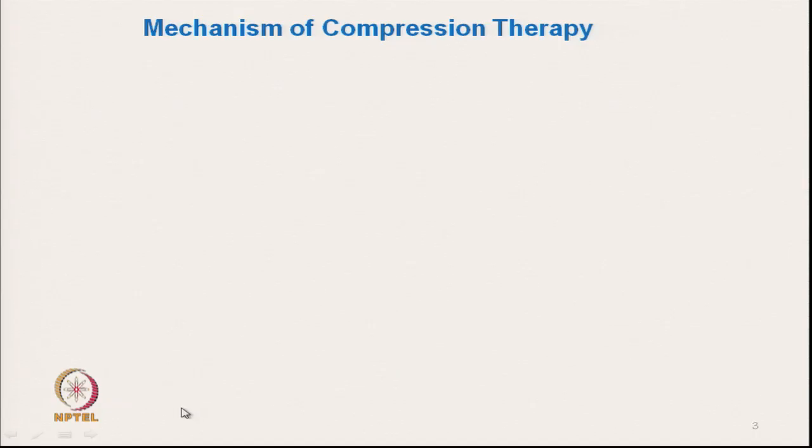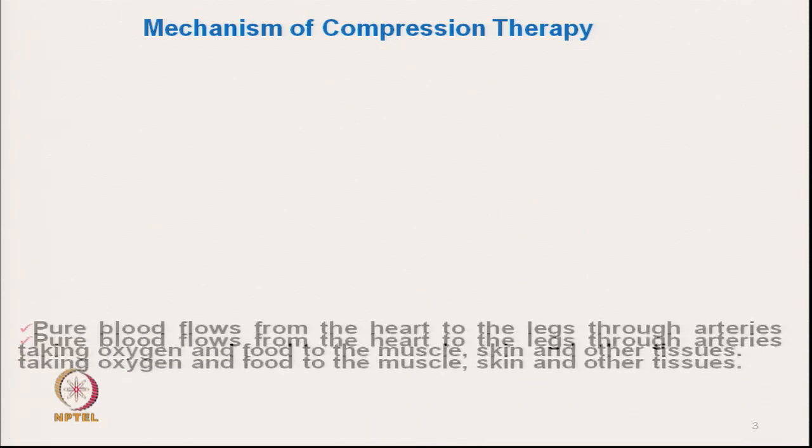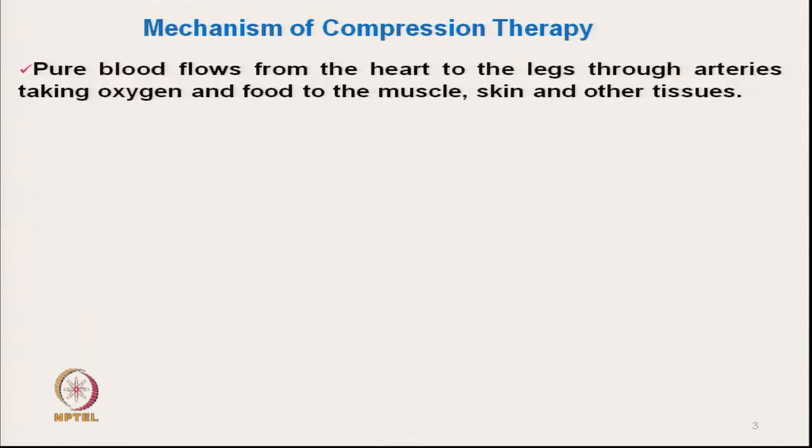So, to understand the mechanism of compression therapy, pure blood flows from the heart to the legs, which are the farthest point from the heart, through arteries, which carry the oxygenated blood, taking oxygen and food to the muscles, skin and other tissues.